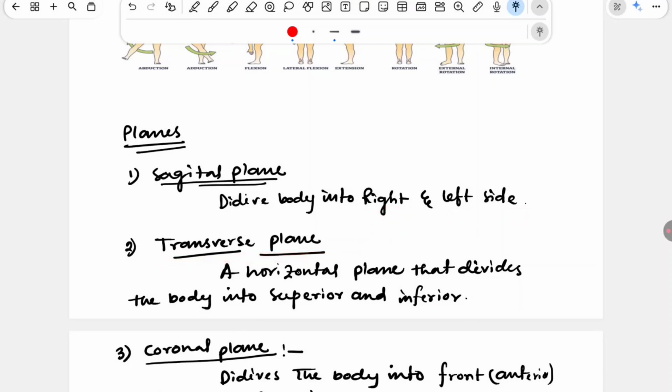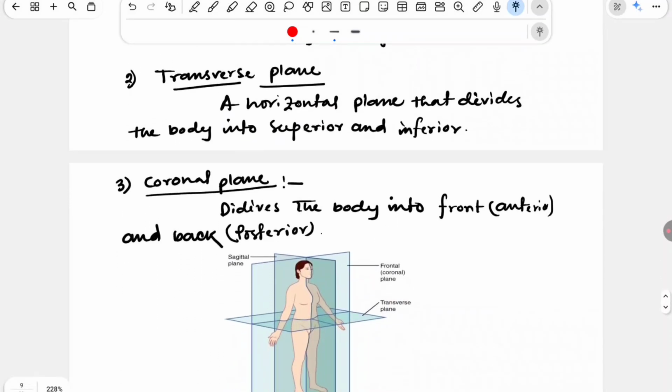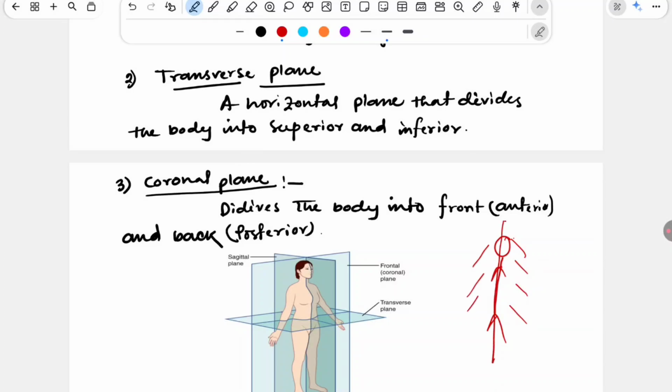The transverse plane divides horizontally, into superior and inferior. The coronal plane means anterior and posterior: this side one and that side one.